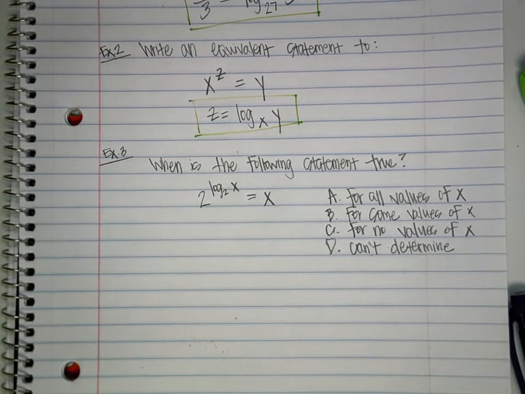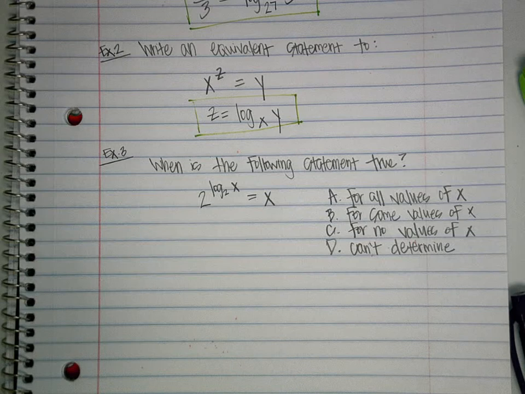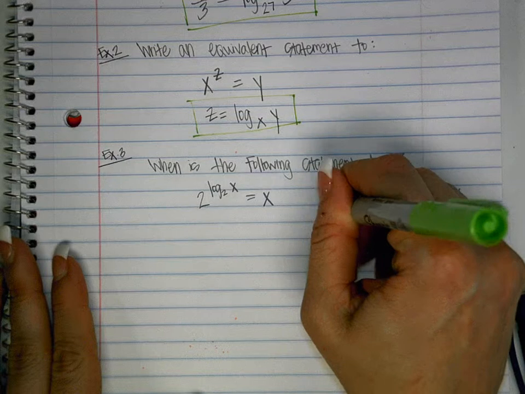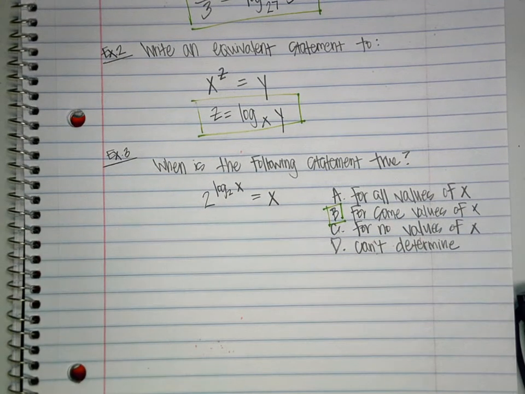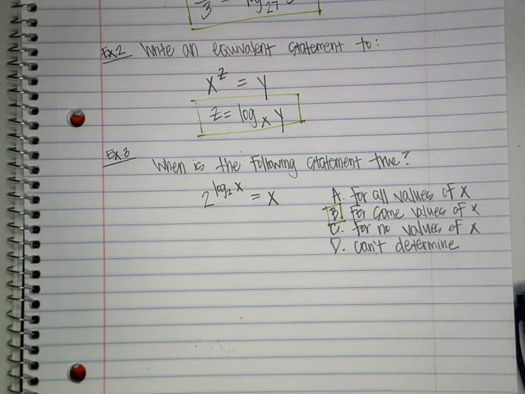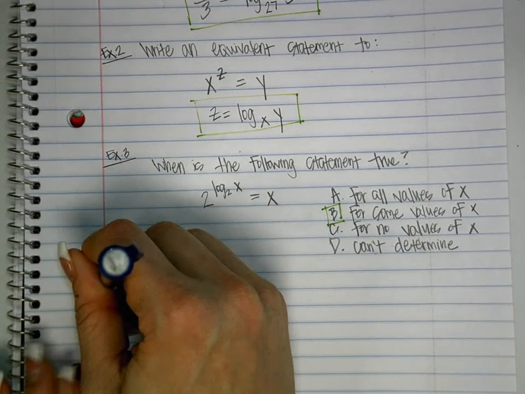Listen, I promise you that some of these problems will be on your test. So you have to know the exact rules. This only works for some values of x because it will not simplify if you have a negative, a 0, or a 1. So you have to know the exact rules for these types of problems.